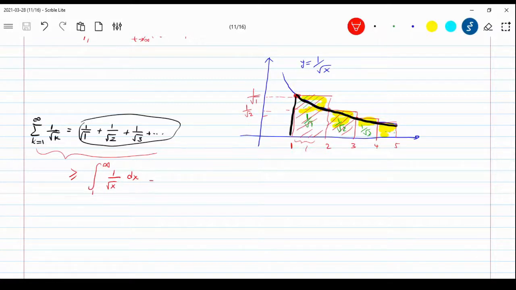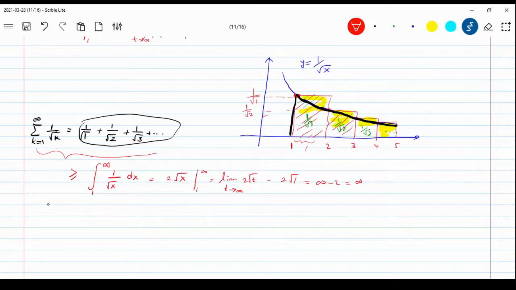If we calculate this integral, it would be 2 square root of x, evaluated from 1 to infinity, which means you can use the limit of 2 square root of t as t approaches infinity, minus 2 square root of 1. So this is basically infinity minus 2, which is infinity.